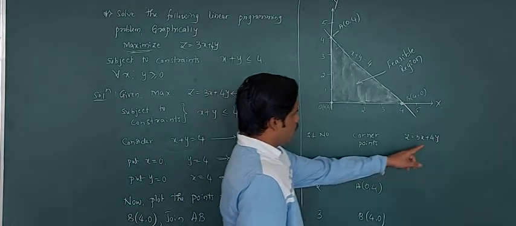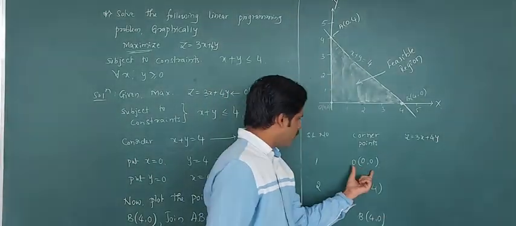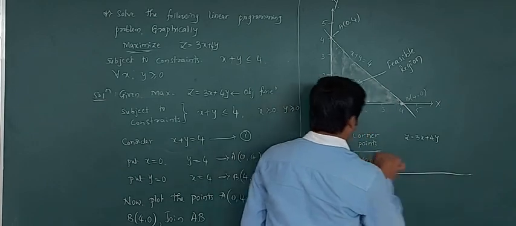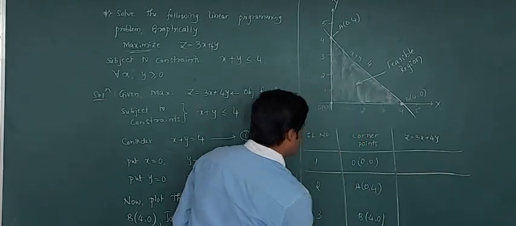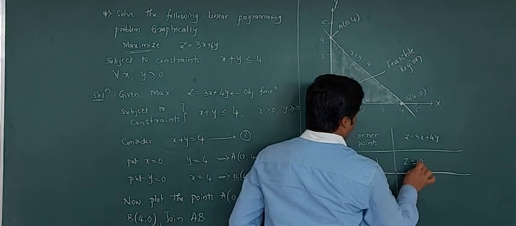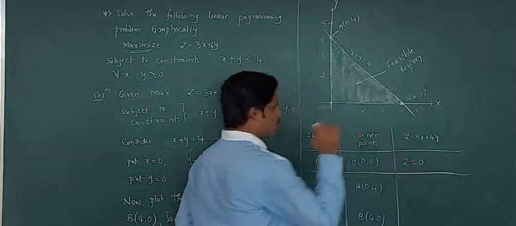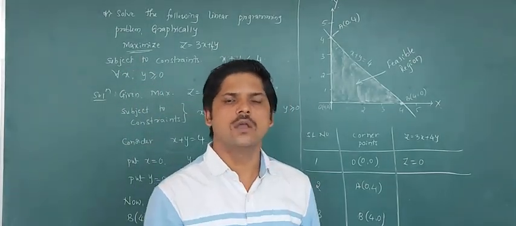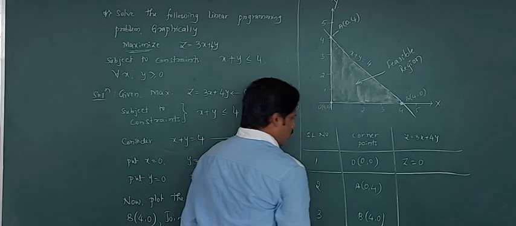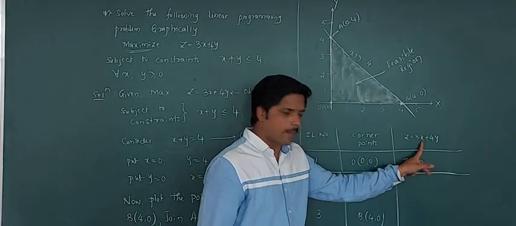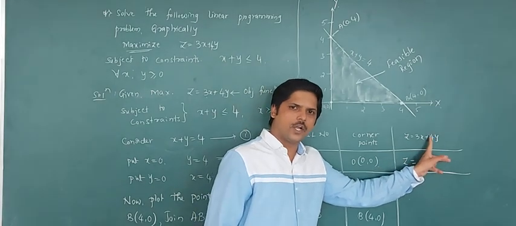Put x equal to 0, y equal to 0 in this equation, because the first point is 0, 0. Substituting, we get 0, because 3 into 0 is 0, plus 4 into 0 is 0. Now put x equal to 0 and y equal to 4. This becomes 0 plus 4 into 4, 16.